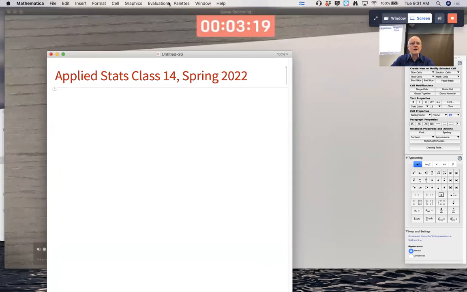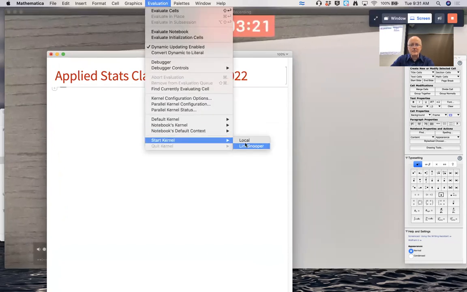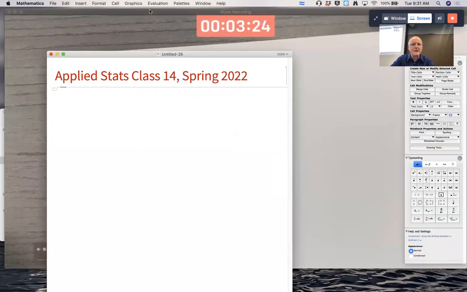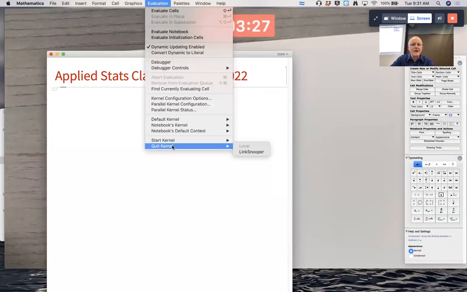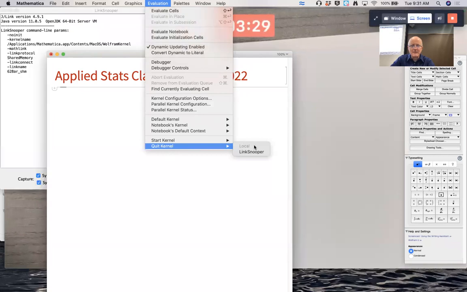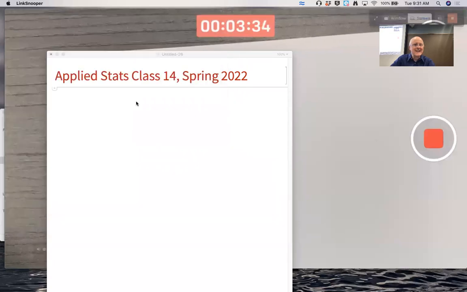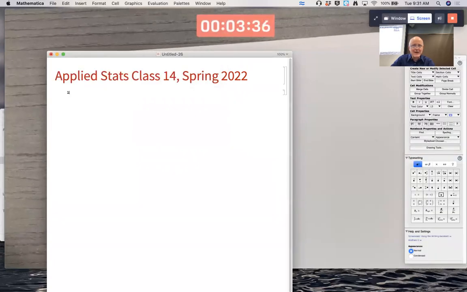And let me also clear the memory by quitting the kernel. Oops, not that one. I don't know what happened there. Link snooper? What in the world is that? I have no idea what that is. Link snooper. Okay, maybe the kernel was already quit. Maybe I already did it. Okay, yeah, I must have.